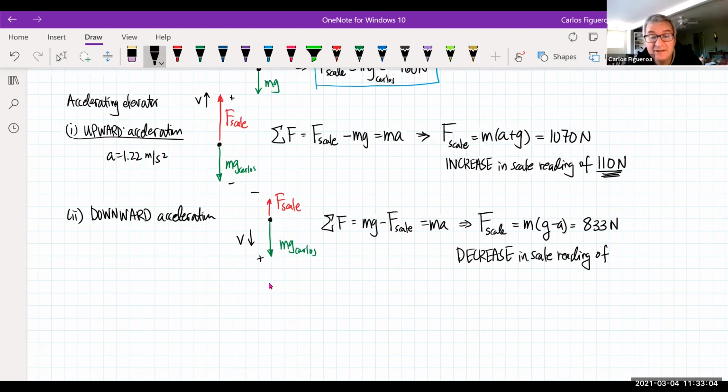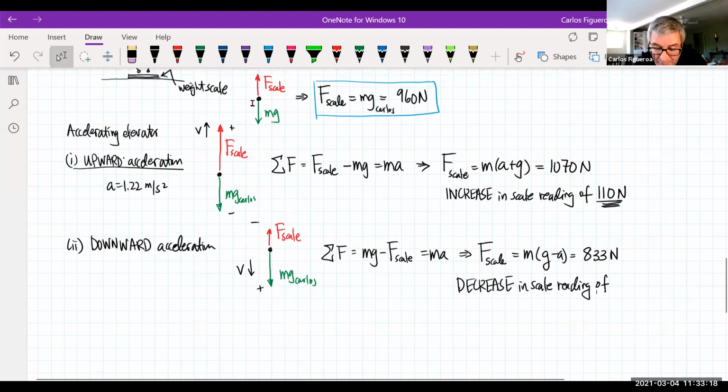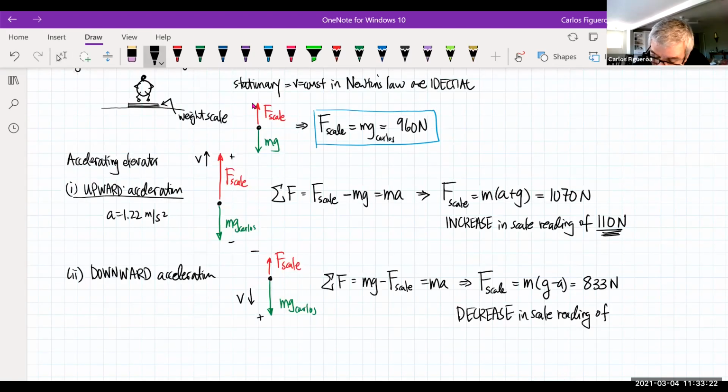It shouldn't be 110. What is that number? If I look at the reading here, it should be 960 minus 33. So 960 minus 33 should be 100 and, what is that, 27? Yes, I believe that's 127 newtons. So there's a decrease in the scale reading.